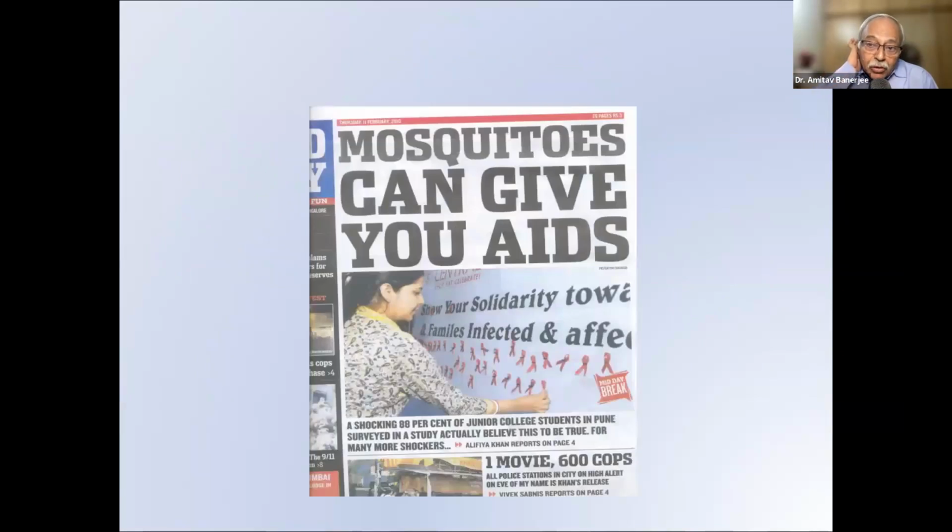This is an example from a newspaper headline. So a scientific title cannot be like that. The newspaper headline is sensational, that mosquitoes can give you AIDS. They have taken it out of context from a published paper which explored the awareness about AIDS among college students. So about 40-50% gave the response that it can be transmitted by mosquitoes.